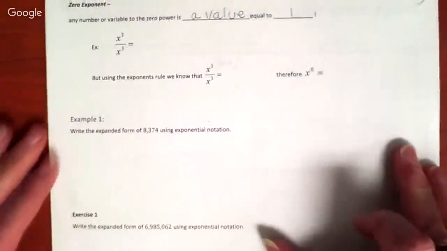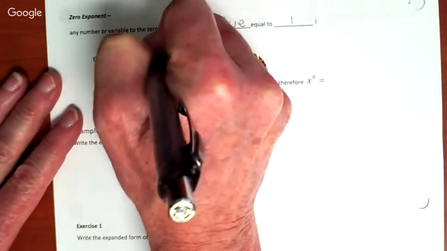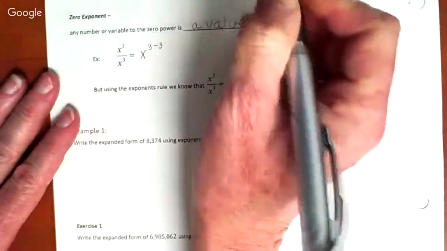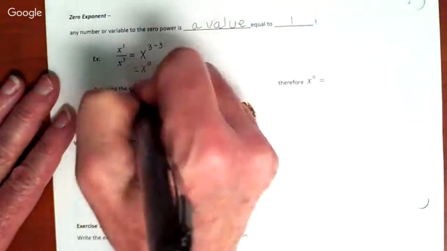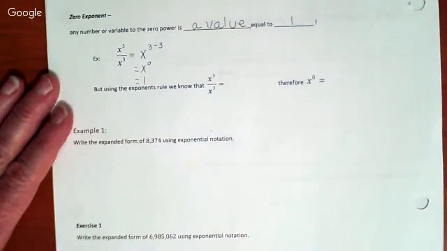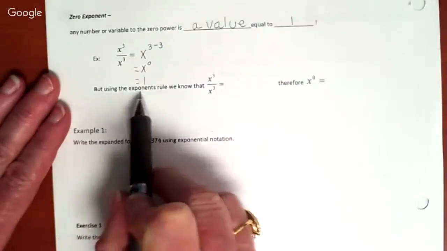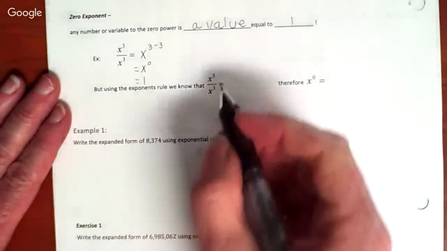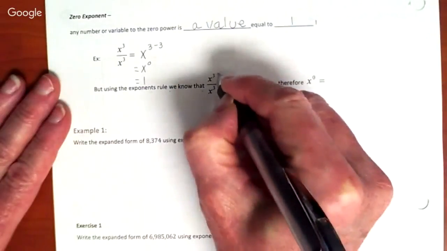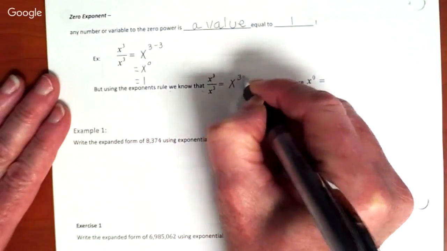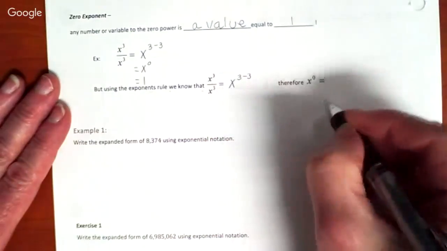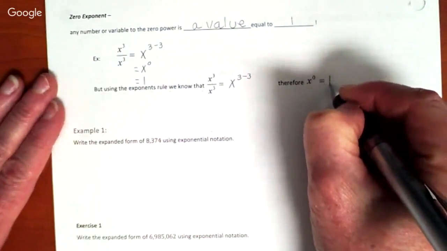So, for example, x to the 3 divided by x to the 3 would be x to the 3 minus 3, or x to the 0 power, which would equal 1. Using the exponent rule, we know that x to the third power divided by x to the third power is x to the 3 minus 3, which therefore is x to the 0 power, which is 1.